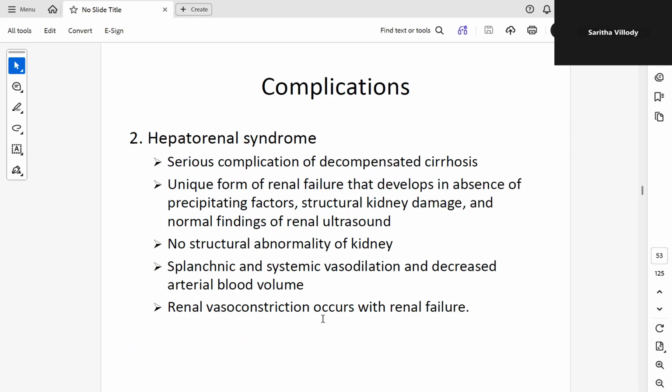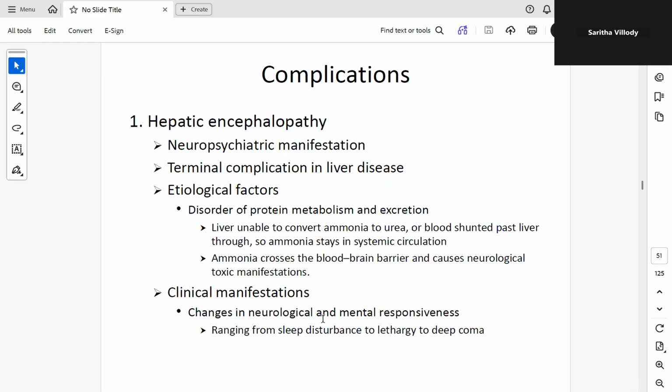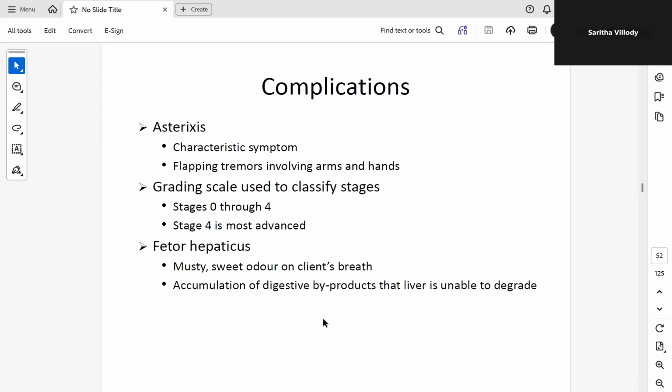We also didn't talk about the other complications, right? Yeah, we missed a slide, I think. Asterixis or flapping tremors. In case of fine tremors, which sometimes happen with certain drug withdrawal, if you ask a patient to hold a paper in their palms, you can see that the paper is slightly moving.